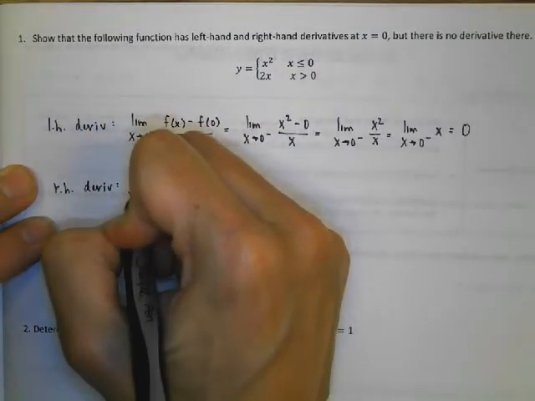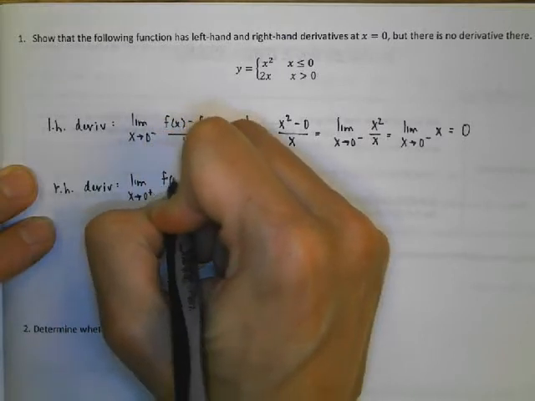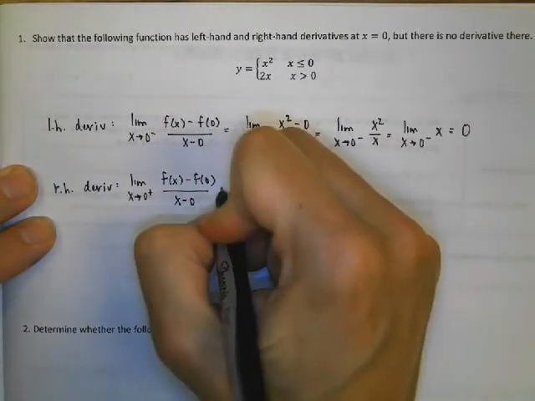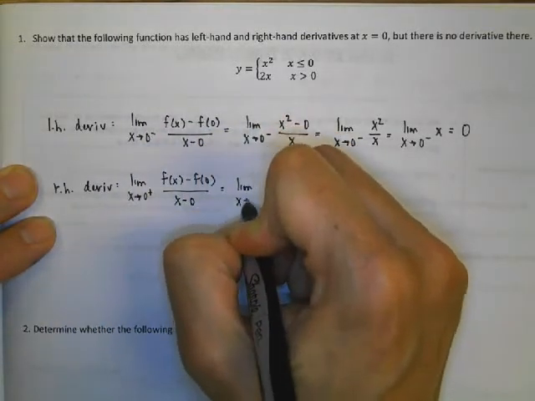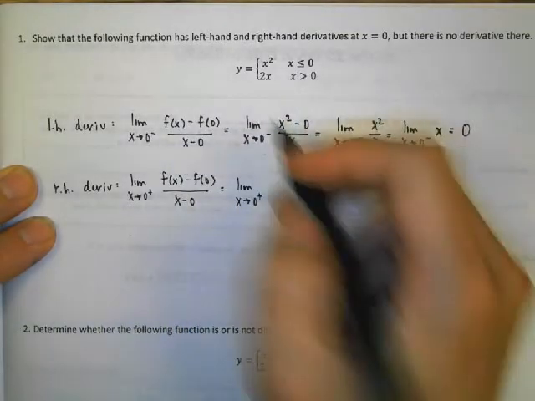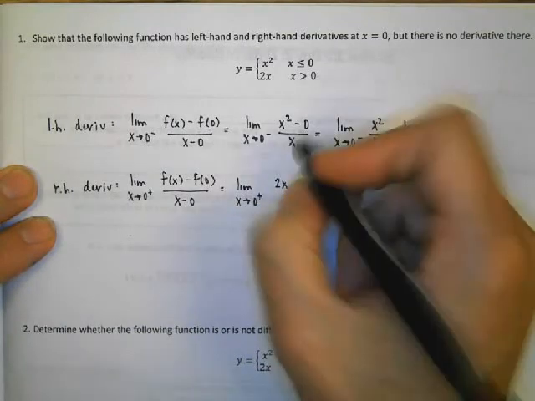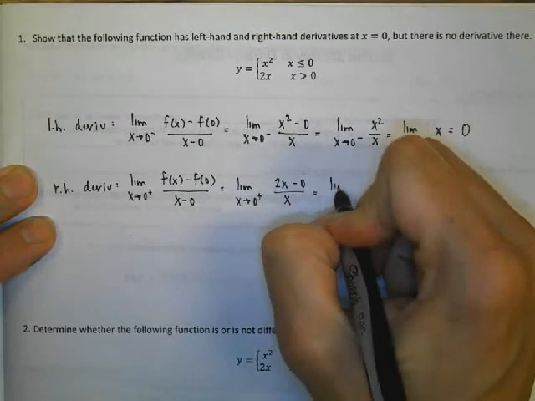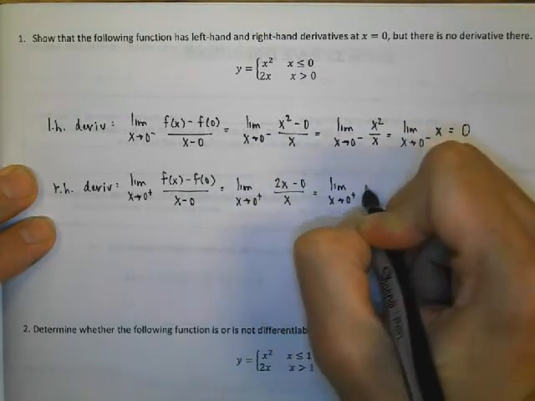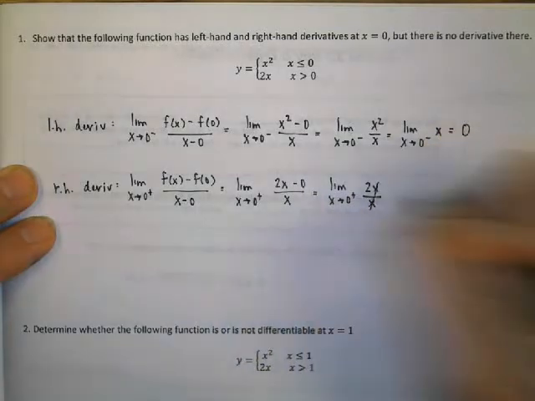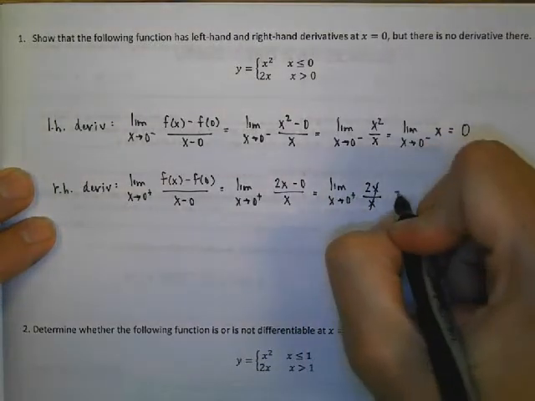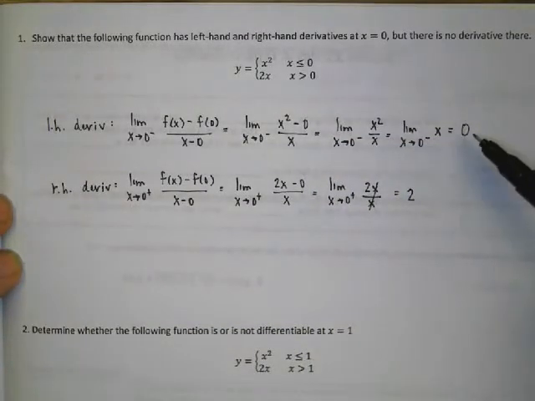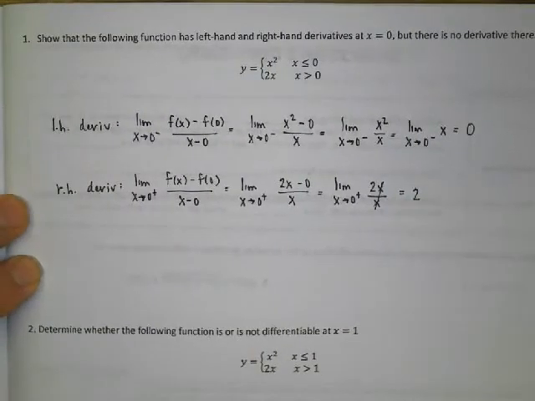Now we're going to check on our right-hand derivative. We take the limit as x approaches 0 from the right, still f of x minus f of 0 over x minus 0. But now my f of x is 2x. F of 0 is still 0. And again, on the bottom, I just have x. So now I have the limit as x approaches 0 from the right of 2x over x, which just simplifies to 2. So my limit from the right-hand side is 2. So now we know our left-hand derivative is not equal to our right-hand derivative.